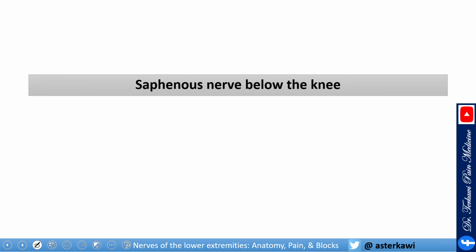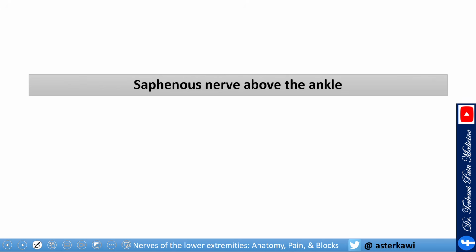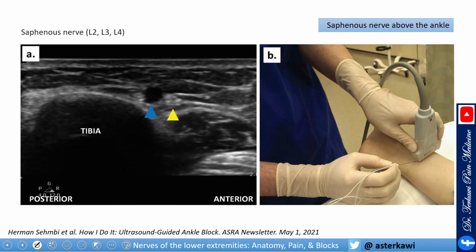Now let's look at the saphenous nerve below the knee. Below the knee, anterior and medial, you see it's very superficial, running with the saphenous vein. And then if you go to the ankle level, it is still very superficial.